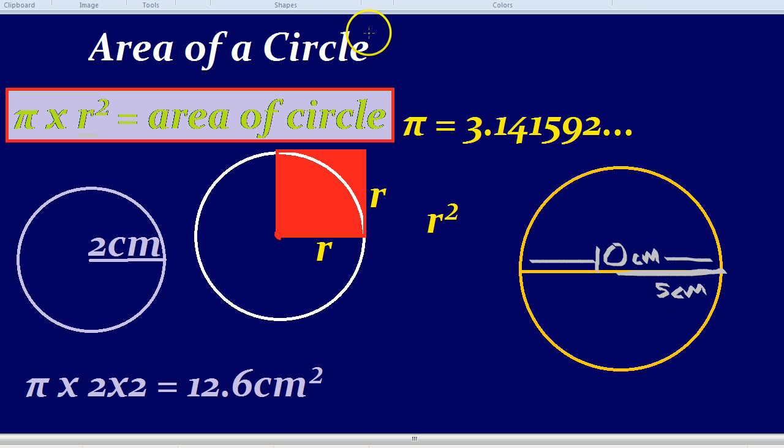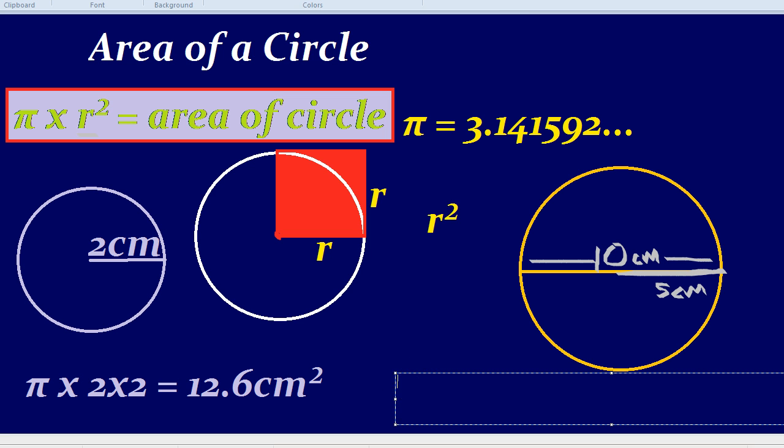So the formula for this circle, to get its area, is going to be, you guessed it, pi times 5 squared, which is pi times 25.